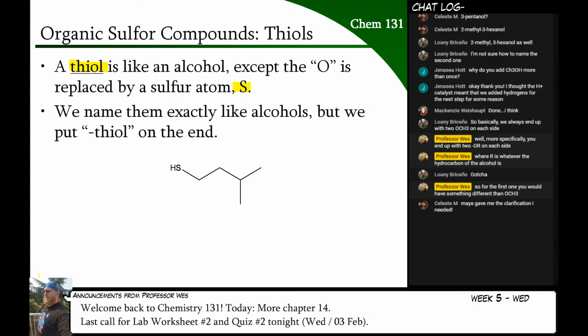So this would be 1, 2, 3, 4. This would be 3-methyl-1-butane thiol. So instead of butanol, you just write the name of the alkane and then write thiol at the end. No big deal.